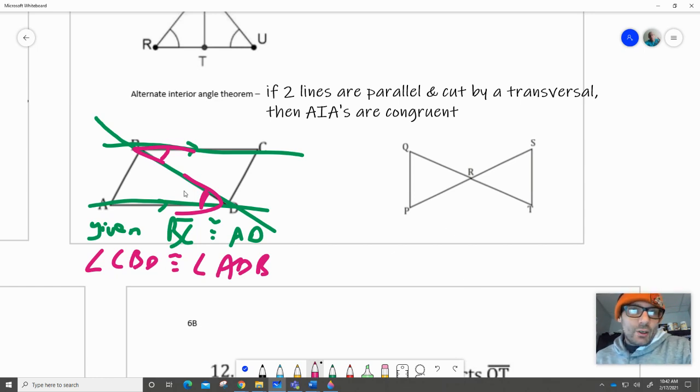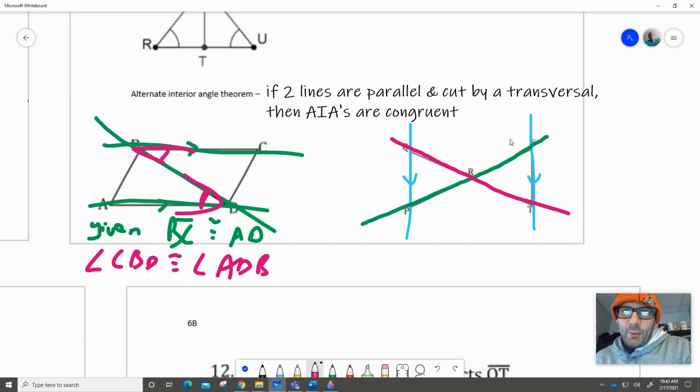So it could be something like this where they share a side, or it could also be something like in this triangle right here. So I have another example here. Let's just say that QP is parallel to ST. So if QP is parallel to ST, we have really two transversals. We have this green transversal right here. We also have this transversal right there.